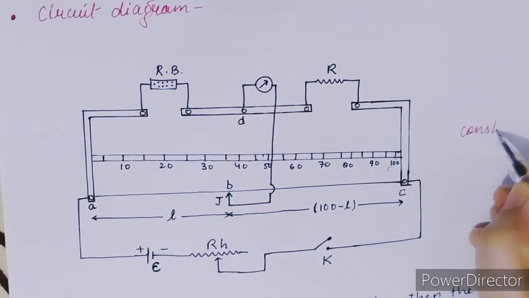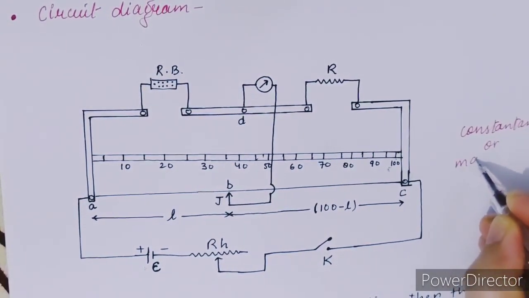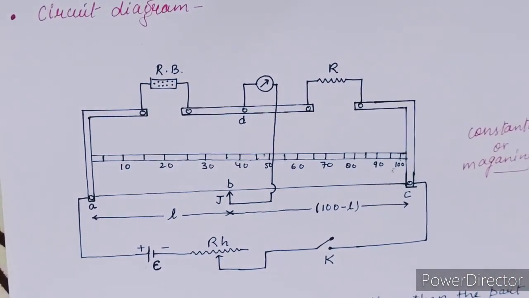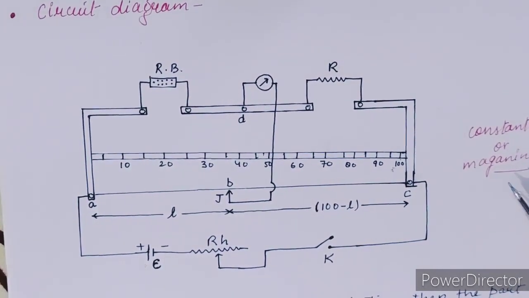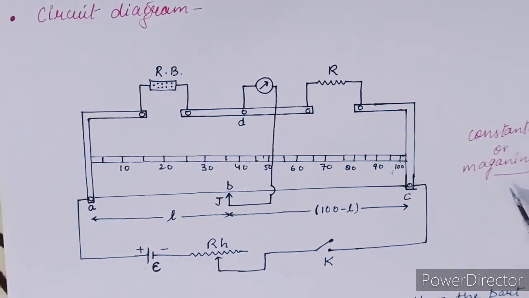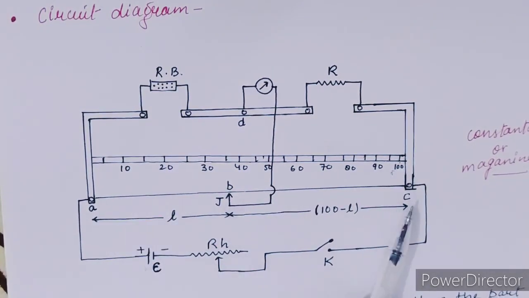Constantan, or we can say manganin. The meter bridge name is due to this 1 meter long resistance wire, made up of constantan or manganin, stretched between the two screws A and C.